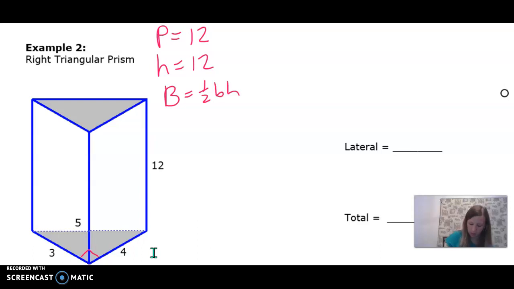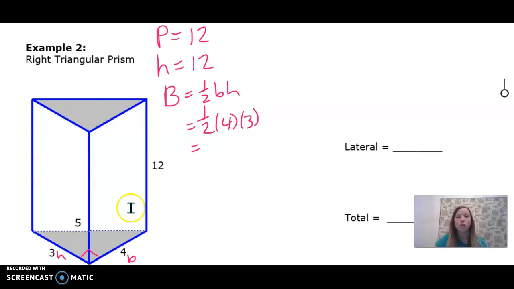Okay, so the base of that right triangle is 4 and the height of the right triangle is 3. So 1/2 times the base, which is 4, times the height, which is 3. 4 times 3 is 12, and half of 12 is 6. So the area of the base is 6.